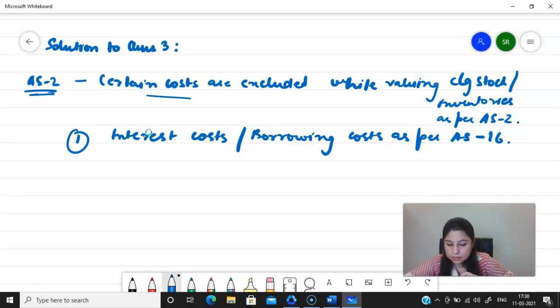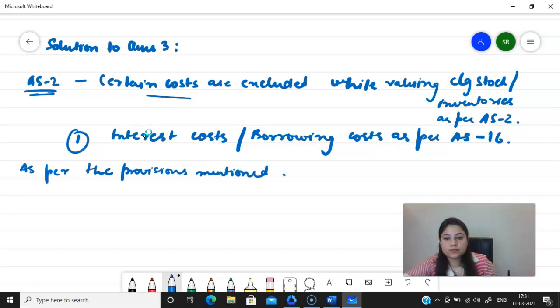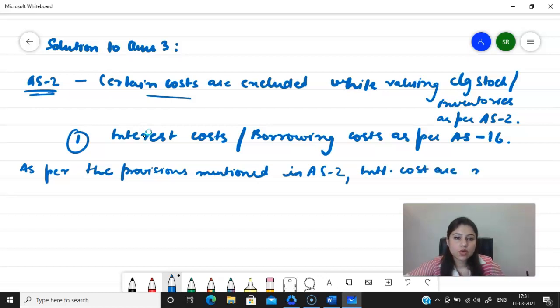The question asks how you will deal with the following situation. So the solution that we would mention here is that as per the provisions mentioned in Accounting Standard 2, interest costs are not a part of valuation of inventory.